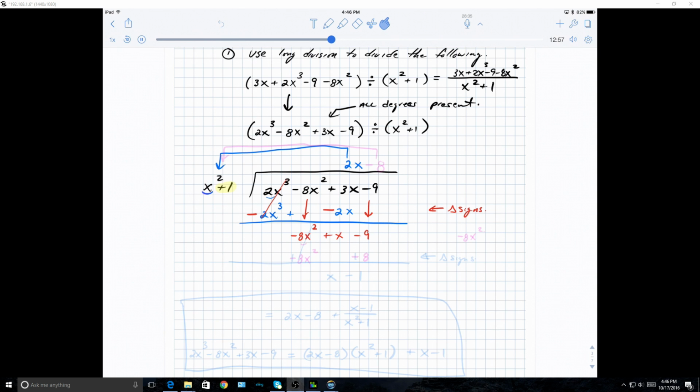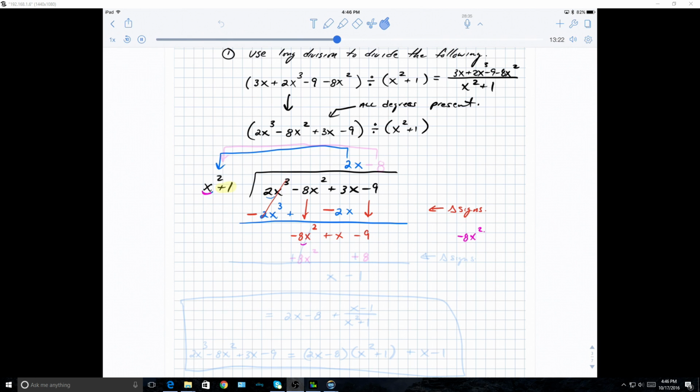Again, try not to focus on the plus 1, but focus on the x squared. And now we want to ask ourselves, how many times does x squared go into 8x squared? So remember, we're going to have to change the signs, so we just have to match the signs, because we want to match negative 8x squared, right?